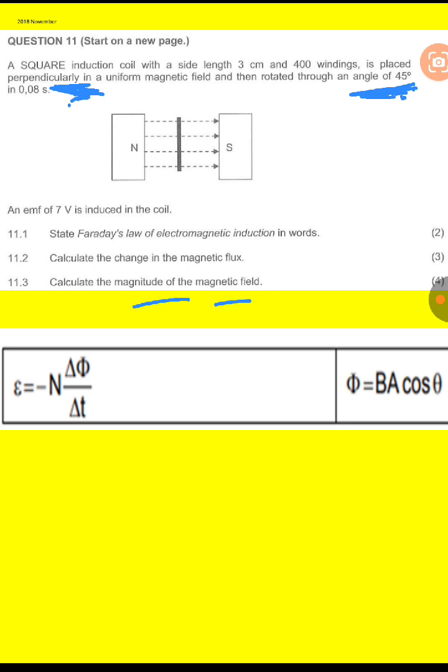So now we say, okay, for initial flux, this is equal to B A cos theta.